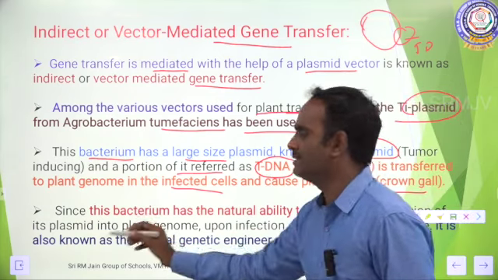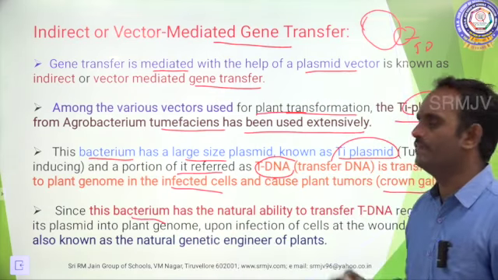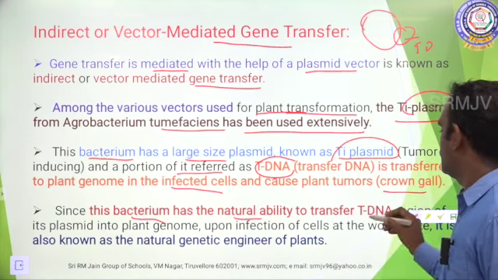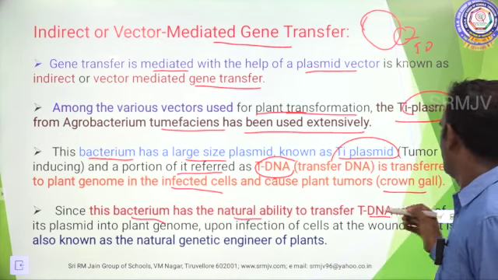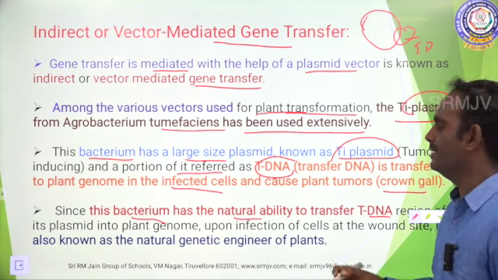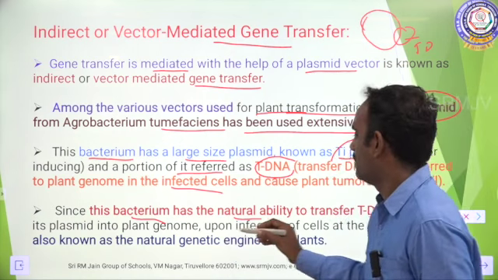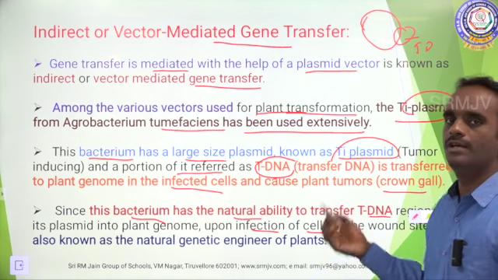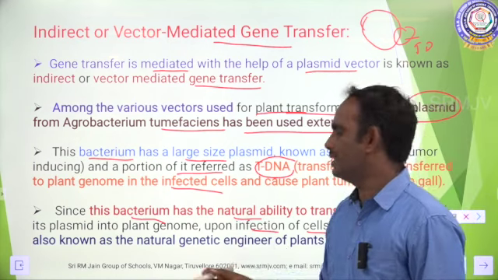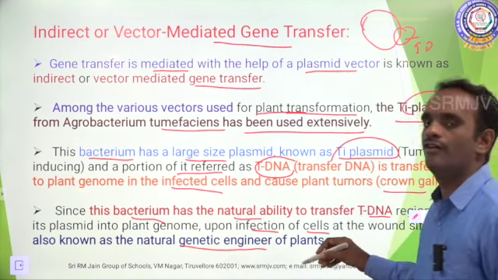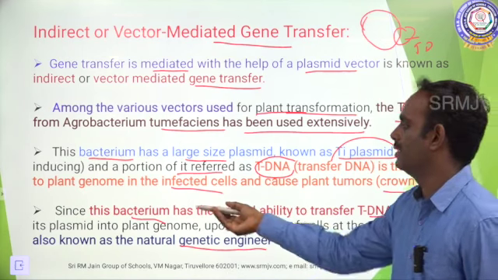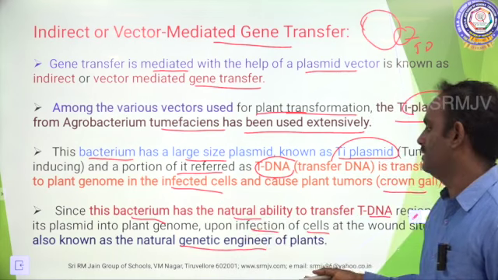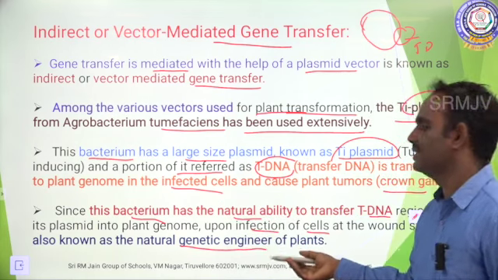Next, since this bacterium Agrobacterium tumefaciens has the natural ability to transfer the tDNA region of its plasmid to the plant genome upon infection of cells at the wound site, it is also known as the natural genetic engineer of plants.